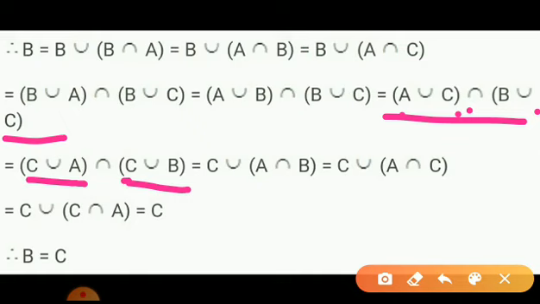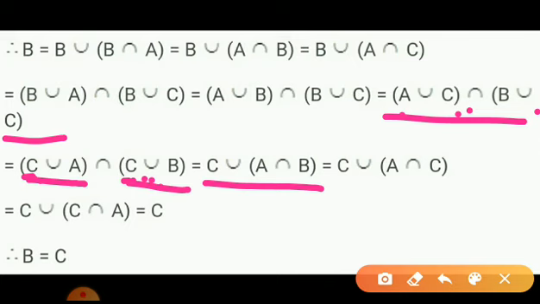Now again the C here is the same. So can I write using the distributive property? I have distributed this C to both the brackets. So I can use the distributive property. What will it be then? C union (A intersection B).